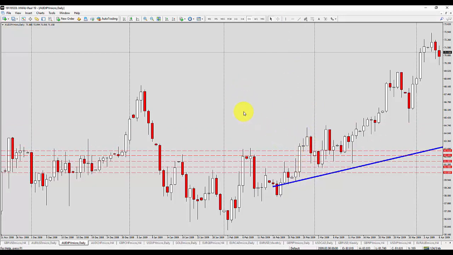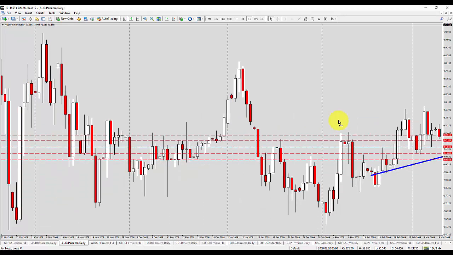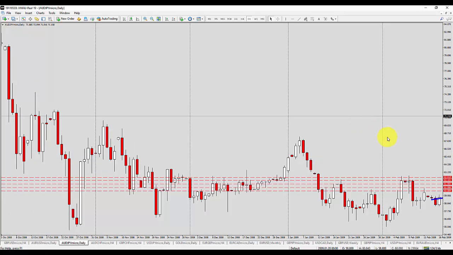Usually, you use a lower time frame too. I know this is the daily, but we'd be looking at the 15-minute or the 30-minute or the hour chart. We wouldn't be looking at the daily when we did this.